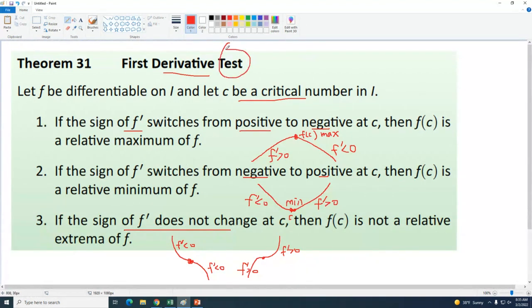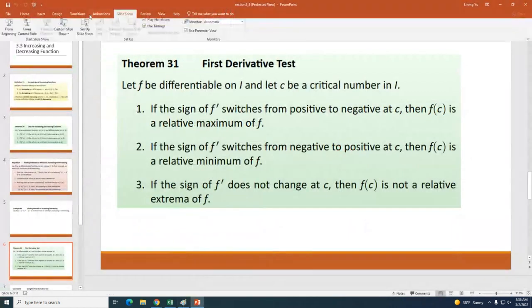It's called a test because it tells you a conclusion, affirmative or not affirmative. So do we have a maximum or do we not? Through this test, we will be able to decide if we have a maximum.